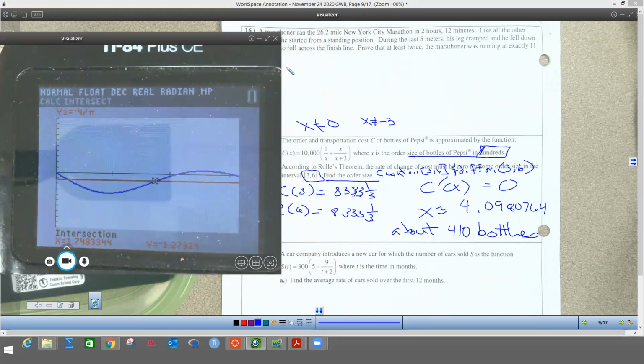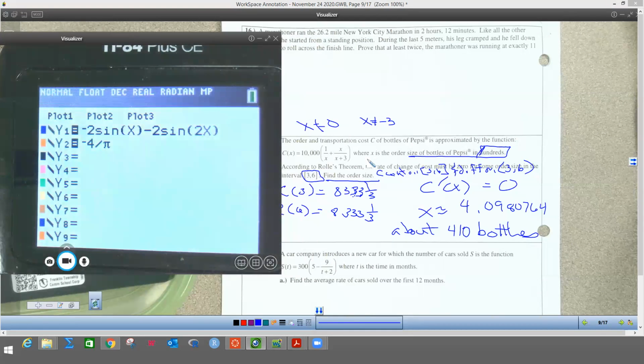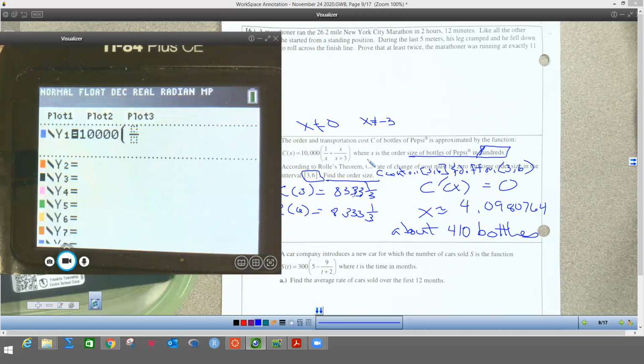I'm going to move this over so I can see this equation right here. Clear this off. I could have done this on the other problems too, but I'm going to type in that 10,000, just like it shows, parenthesis, and alpha y equals 1 to get a fraction bar, and put 1 over x in. And arrow to the right and put, I think that's a plus.